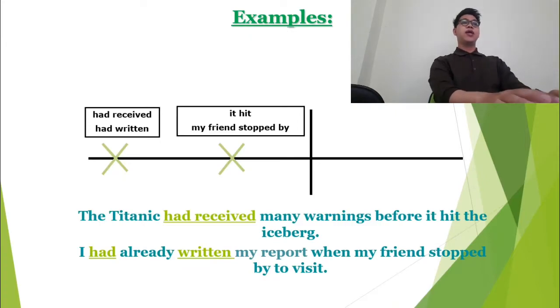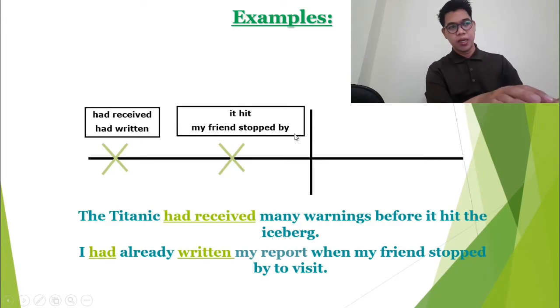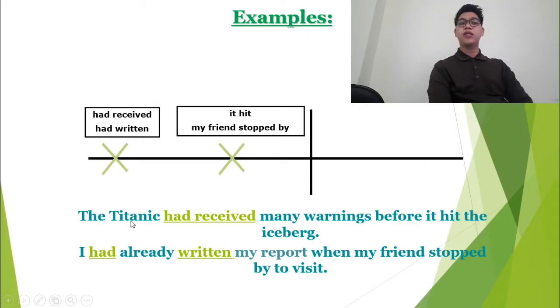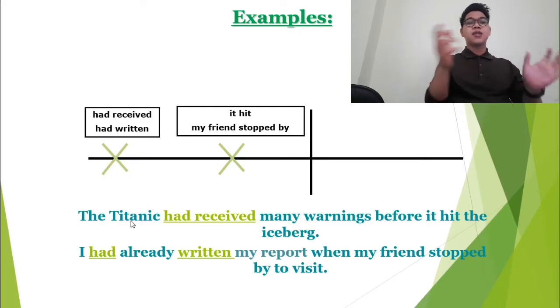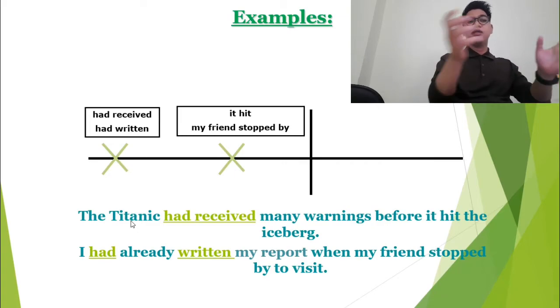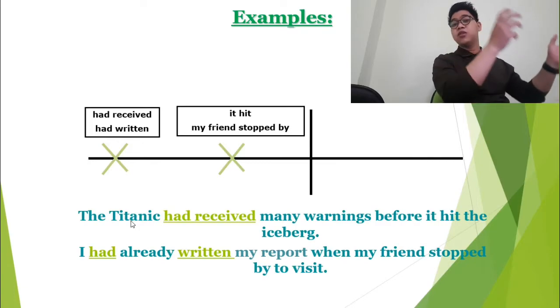Okay, this is another example. The Titanic had received many warnings before it hit the iceberg. So before the Titanic hit the iceberg, it had received many warnings, so many danger signs.